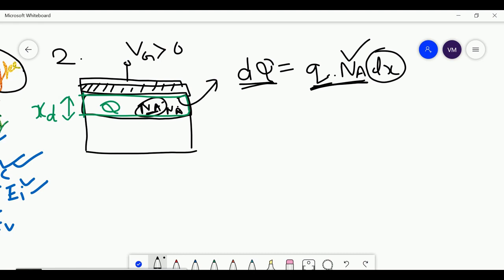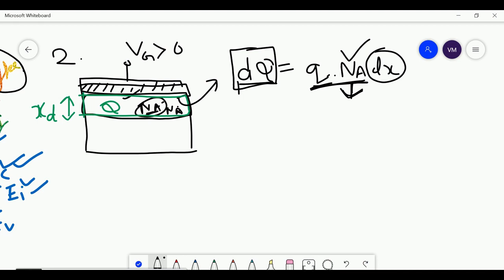I'm not saying charge carrier. Please don't confuse between charge carriers and charge. These are immovable charges or ions. So the total charge inside this depletion layer is equal to qNa dx.